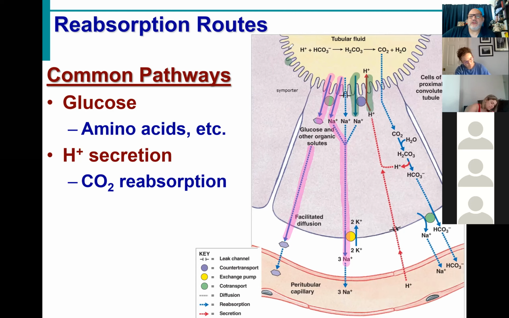When that occurs, we get an increase in hydrogen ions inside the lumen of our tubule, which drives this chemical reaction to the right, producing a large amount of carbon dioxide, which is able to just pass through the plasma membrane by simple diffusion.